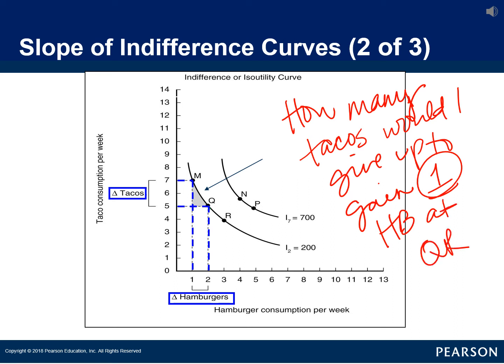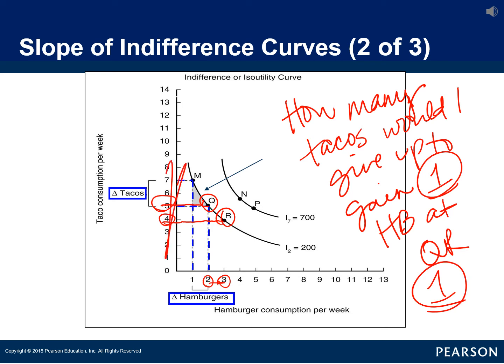Okay, so we have Q, we have R. We're going from 2 hamburgers to 3 hamburgers. How many tacos did we have to give up? We went from 5 to approximately 4, we're going to say. So it was 1. The answer there is 1.